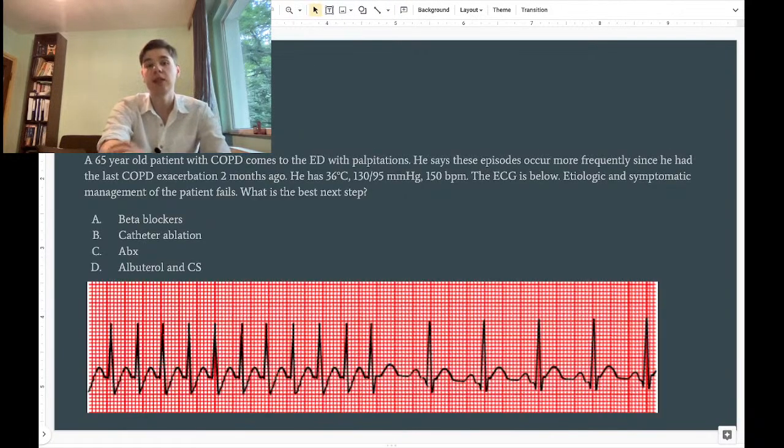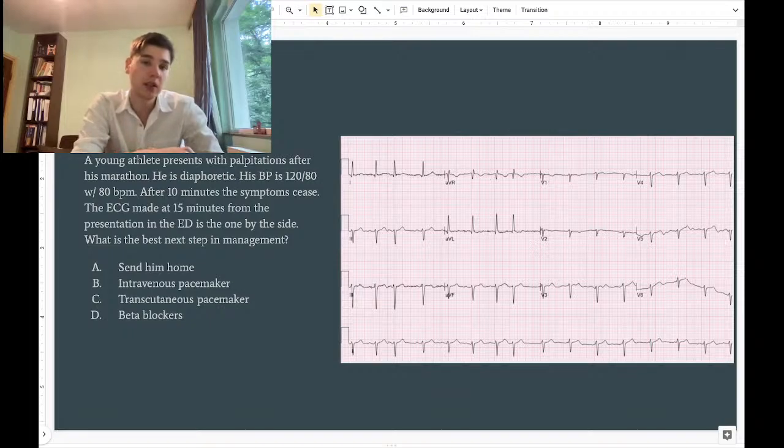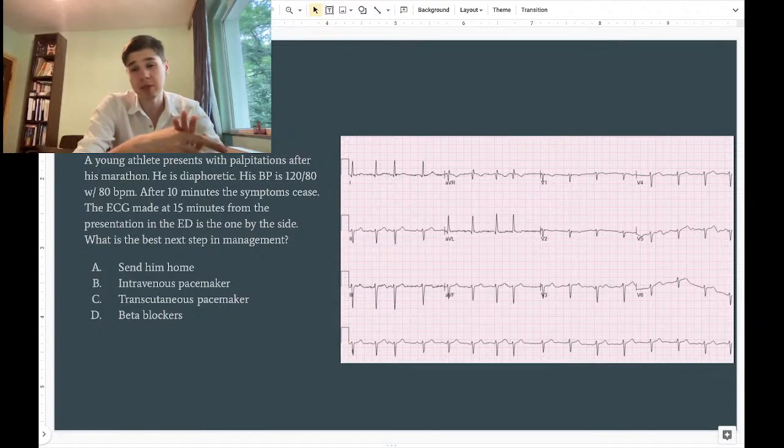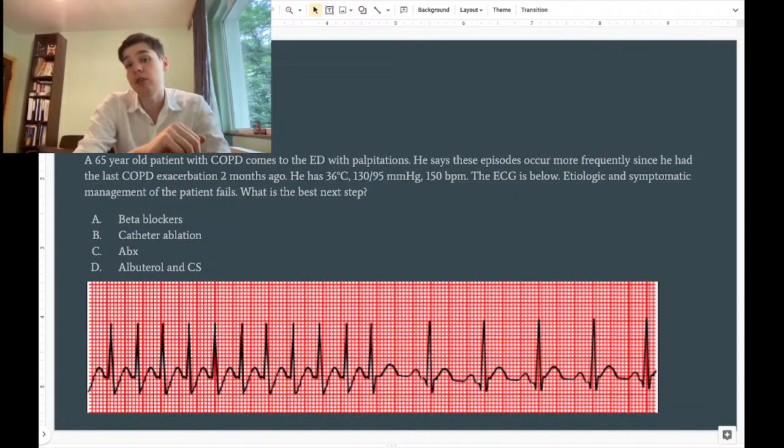The first answer indeed is A, we send him home, and the second answer is catheter ablation. In the first case, this young athlete suffers from wandering atrial pacemaker. The wandering atrial pacemaker is a benign condition, in contrast with paroxysmal atrial tachycardia seen with this COPD patient.